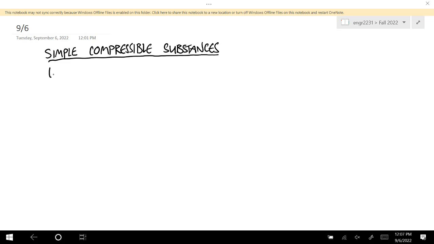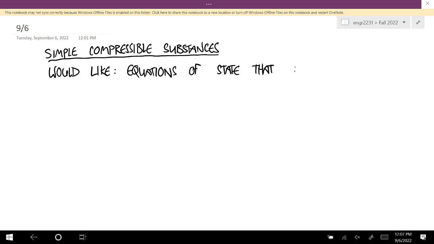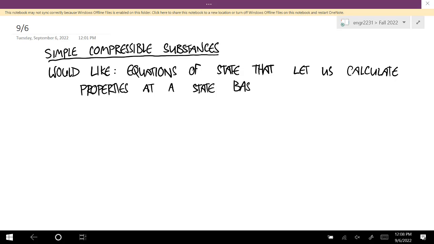What we would like is equations of state that let us calculate properties of a state based on other properties at that state.